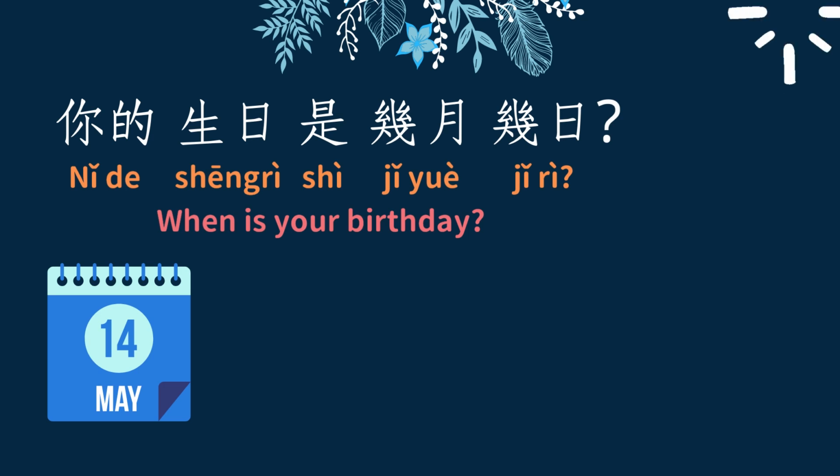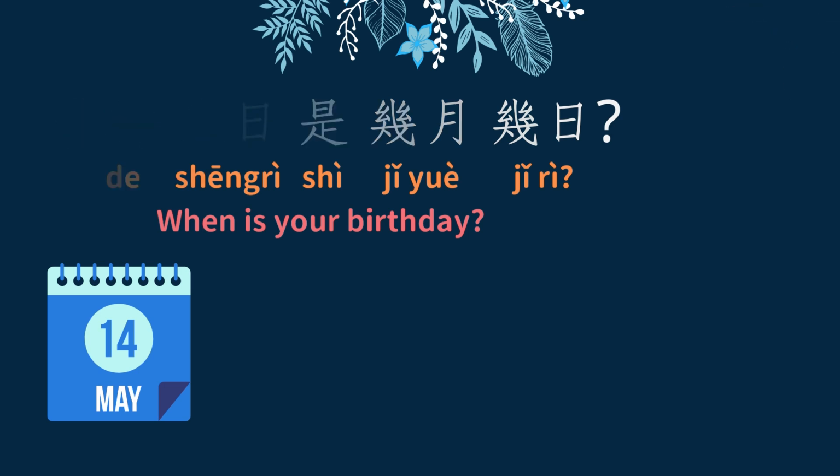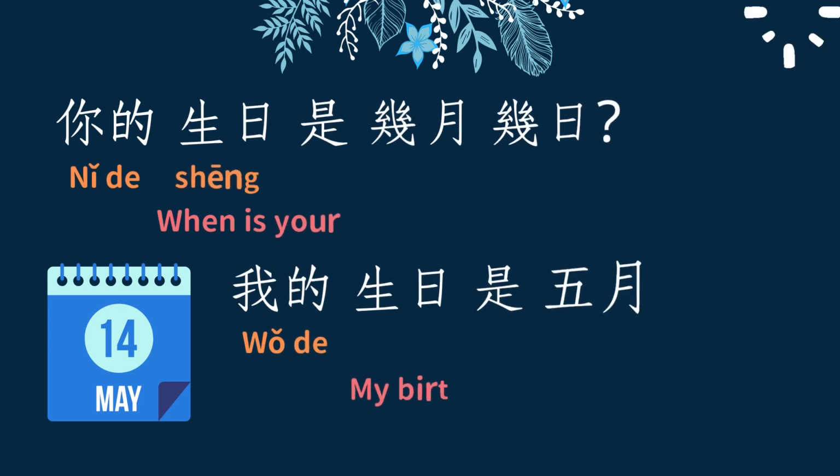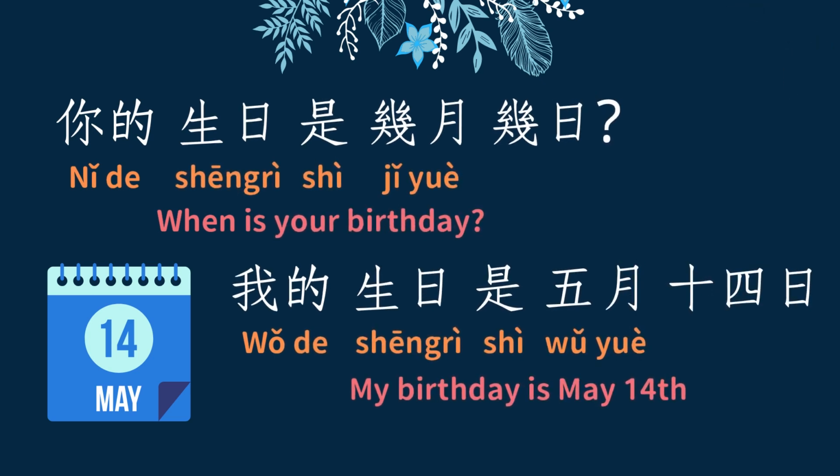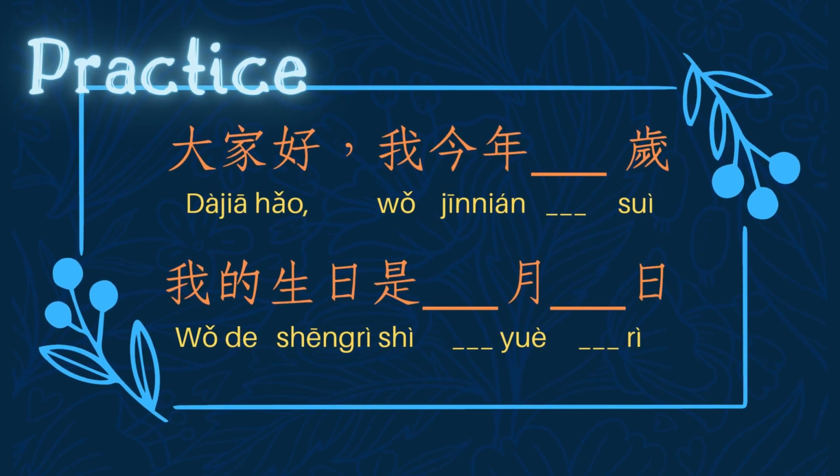How to say that in Chinese? 我的生日是5月14日. Again, my birthday. 我的生日是5月14日.